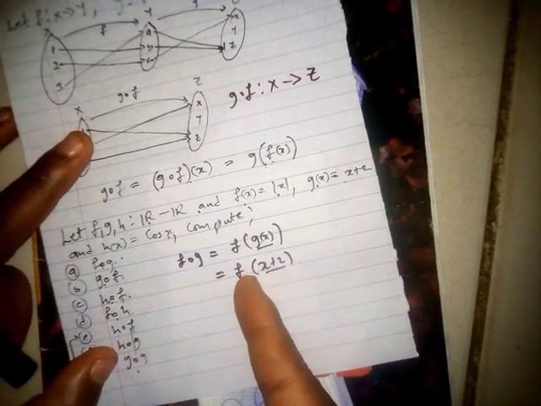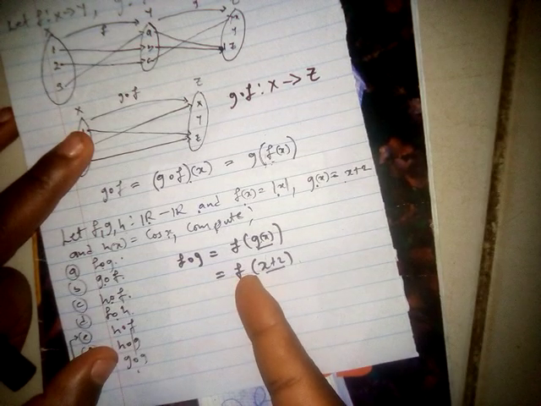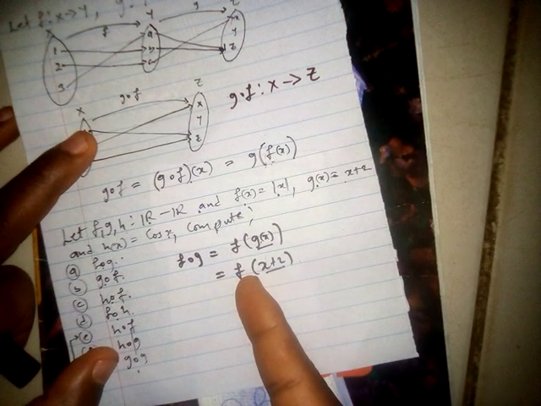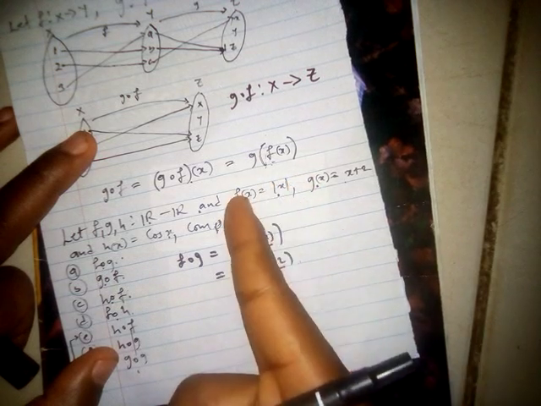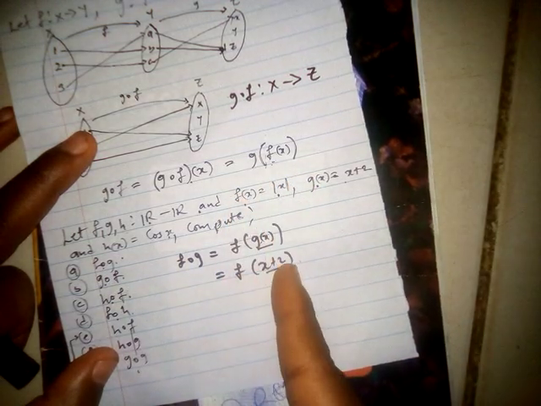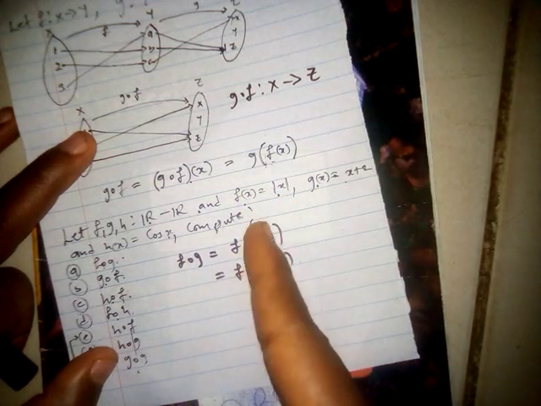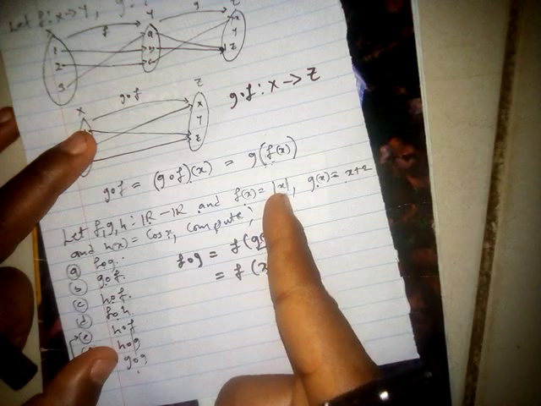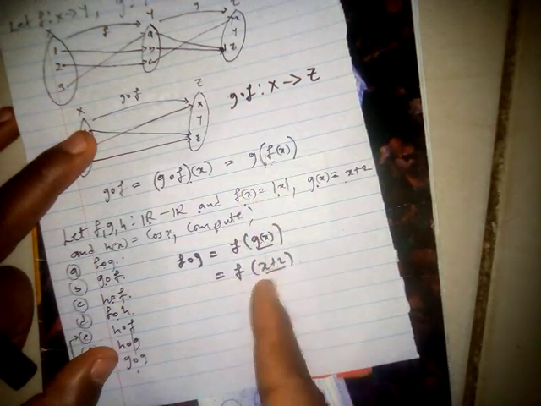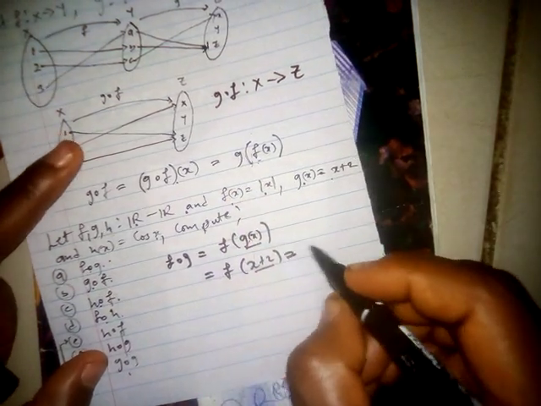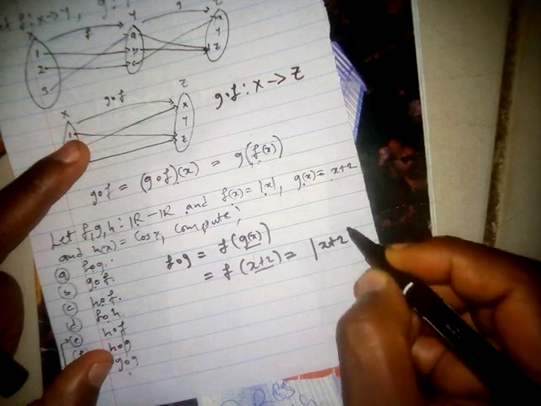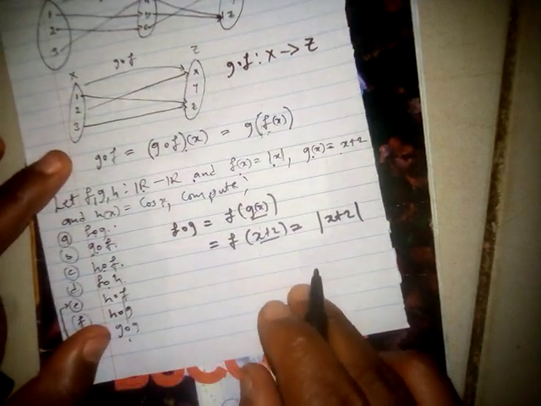So this means that anywhere I see x in f of x, I'll put x plus 2. So remember, my f of x is the absolute value of x. So if anywhere I see x in f of x, I put x plus 2. So this gives me the absolute value of x plus 2. That's for the first one.